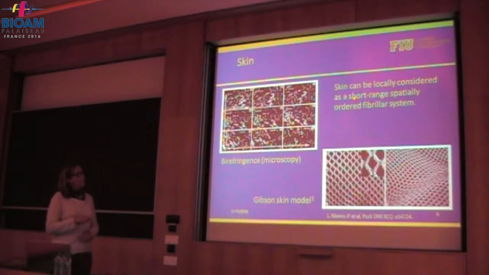At the short range, skin has a spatially ordered fibrillar system. And again, I wanted to point you to a paper that recently came out by Ribeiro that showed with birefringent microscopy this ultrastructure of skin.